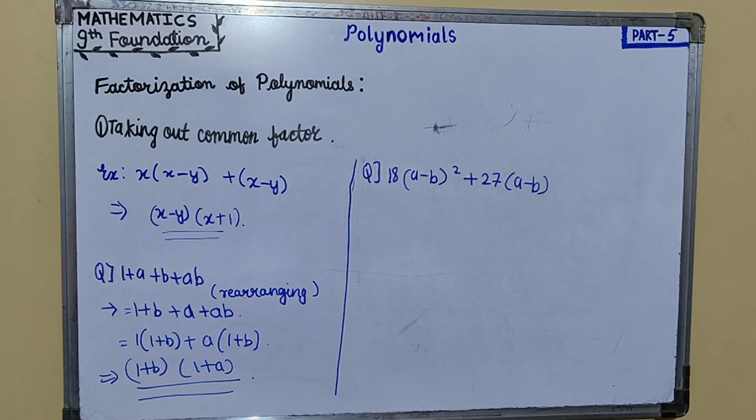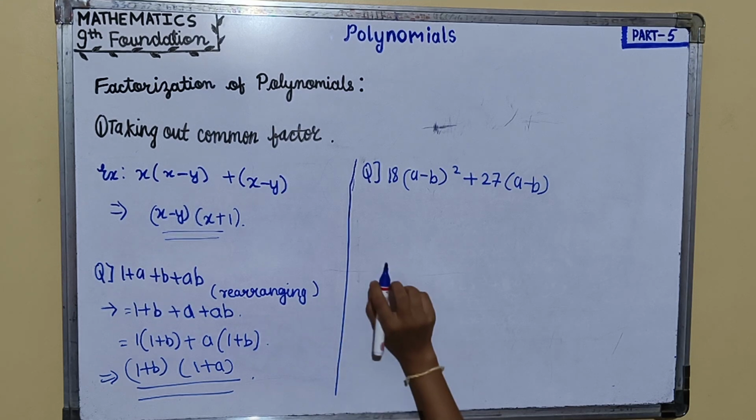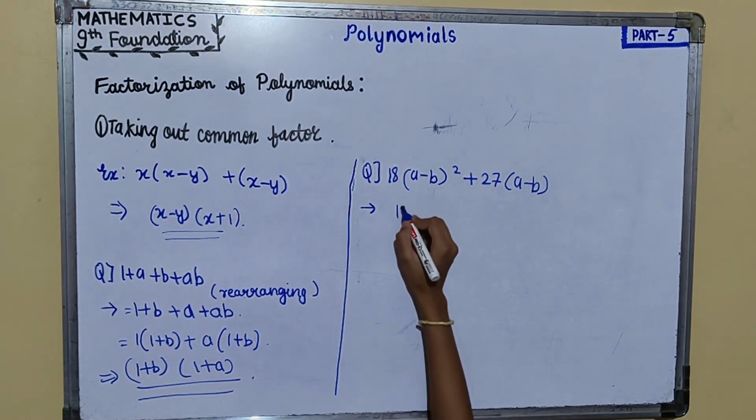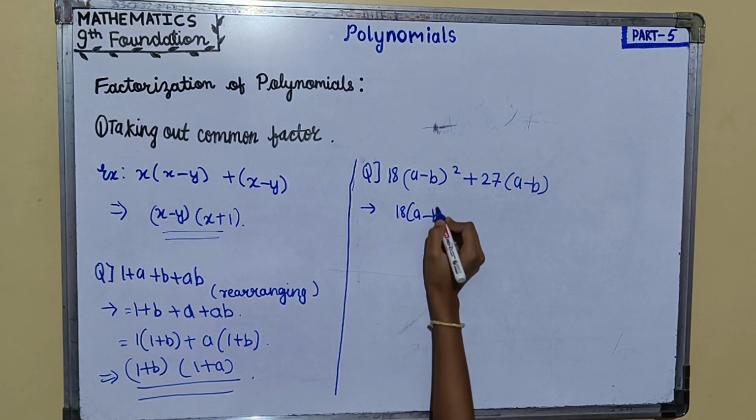In this question, first we will write them in simple form and then we'll take out common. But here we can see clearly that a minus b can be taken out common, and even 9 can also be the common one. So let us write. First we'll write in simplest form.